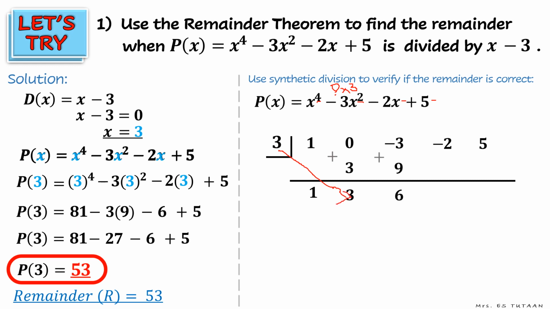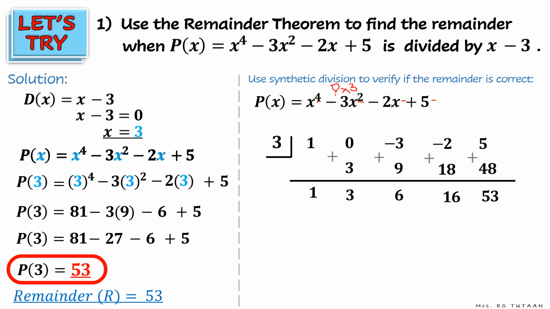And then we will add, that will give us 6, and then 6 times 3 is 18. Again, add natin, and then 16 times 3 is 48, and then we will add that. So, that is 53.